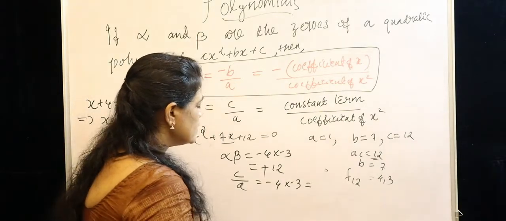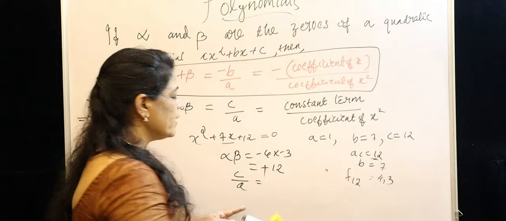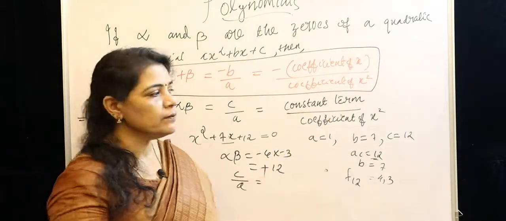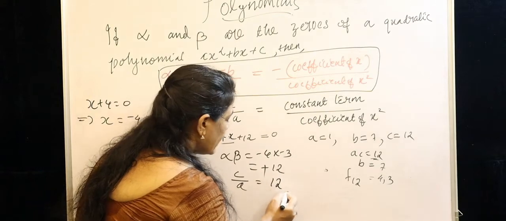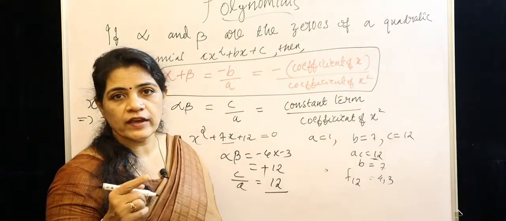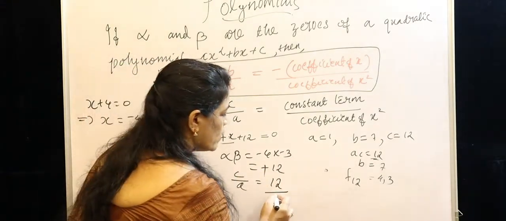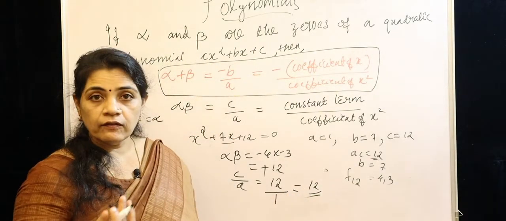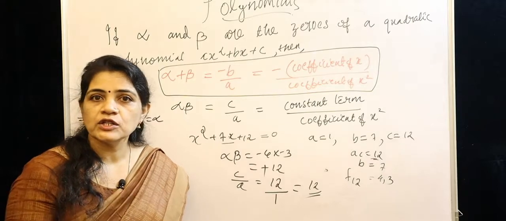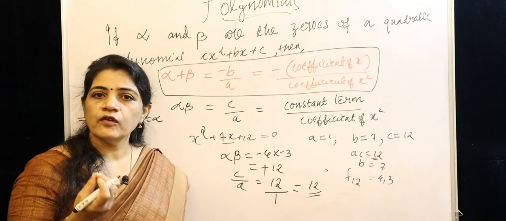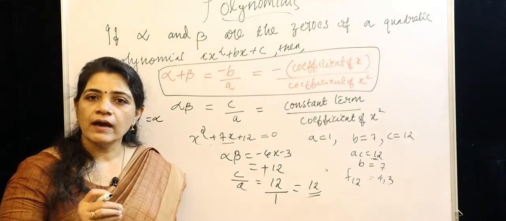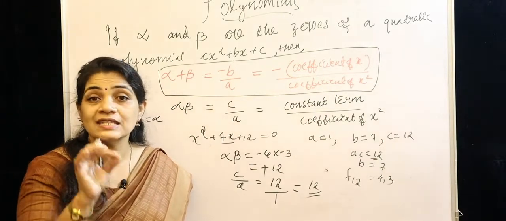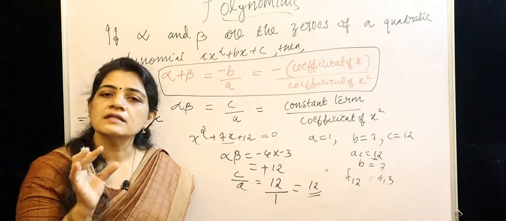So see children, here c by a, c is the constant term. What is the constant term here? That is 12, and the coefficient of x square, that is a, is 1. So 12 by 1 is 12. So here what we have seen is that the product of zeros, alpha into beta, is the same as c by a, after considering the coefficients.